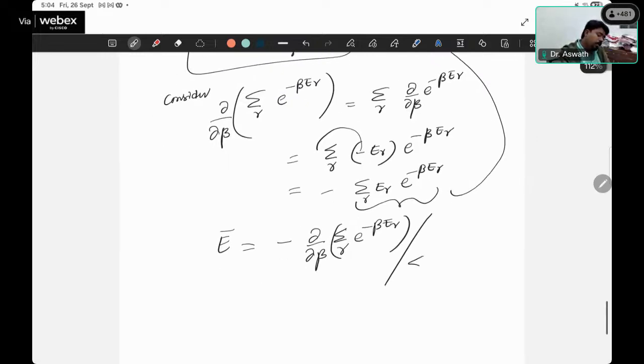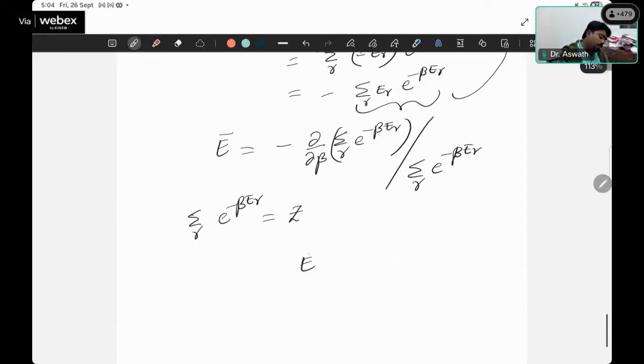In the denominator, let's leave it as it is, exponential minus beta ER. Now let's call the summation over R of exponential minus beta ER as some variable z.